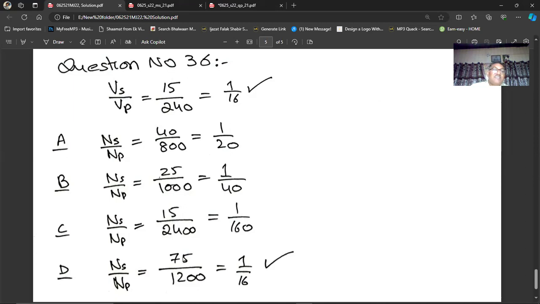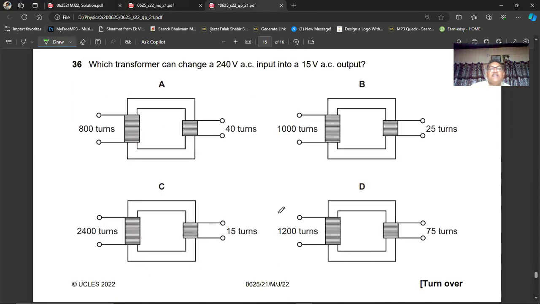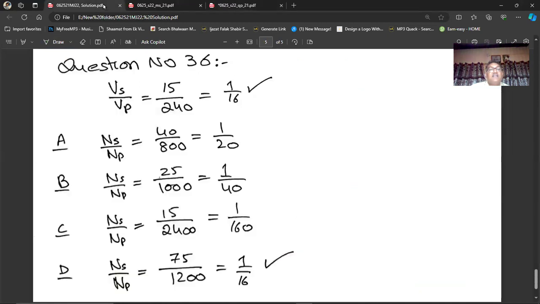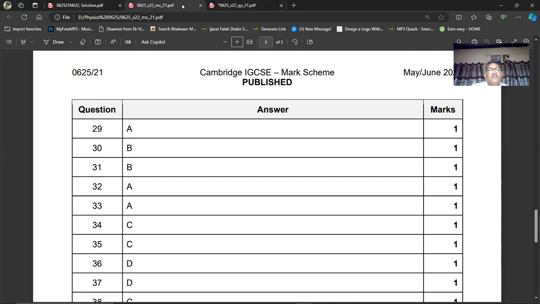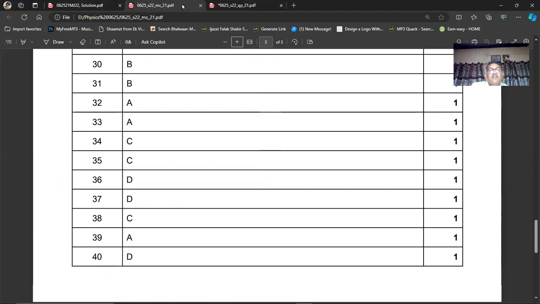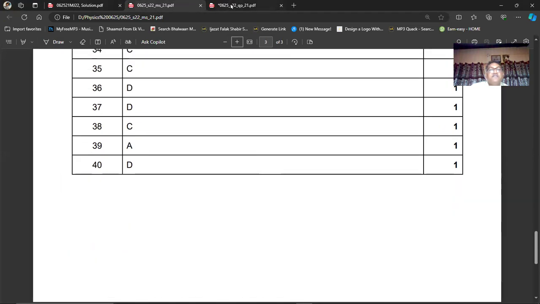So this turn ratio and this voltage ratio match with each other. So Vs by Vp is equal to Ns by Np. So that means D is the option. So question number 36, D is the option. I hope you understand how we have done this. Okay. So question number 36, D is the right option.